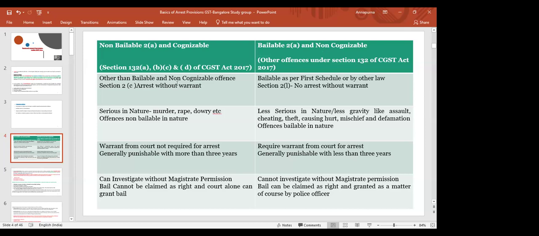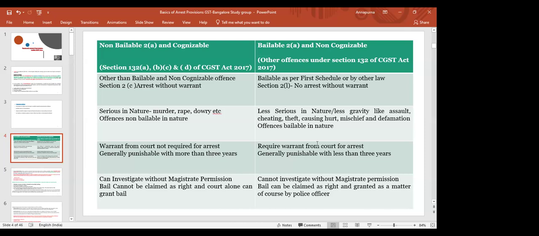So in simple terms, non-bailable offenses are those where there is arrest without warrant, whereas in bailable offenses there is no arrest without a warrant. So a warrant is required to arrest a person under bailable and non-cognizable. Basically, non-bailable offenses are very serious in nature, whereas bailable ones are quite less serious. And in non-bailable, a warrant from court is not required for arrest.